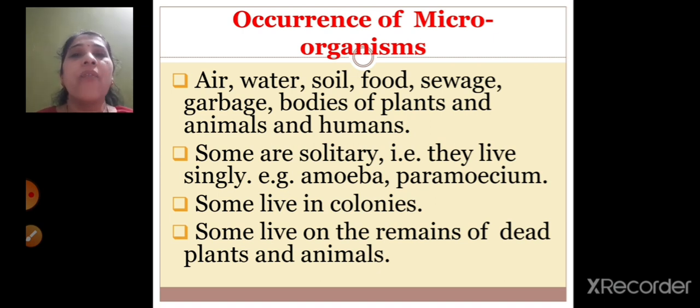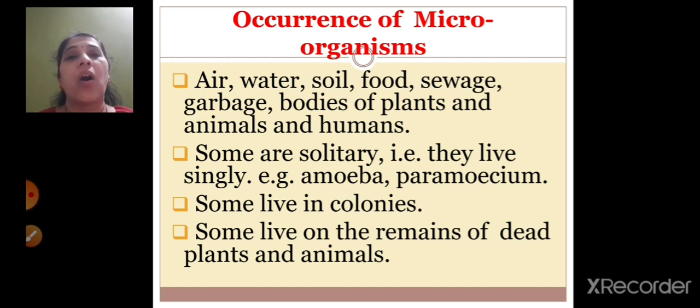Then we saw that the animal cell contains small vacuoles, whereas the plant cell contains a single large vacuole, right? Then the plant cell contains chloroplast, whereas in the animal cell there is no chloroplast. Chloroplast is present in the plant cell, that's the reason it can perform the process of photosynthesis, right?